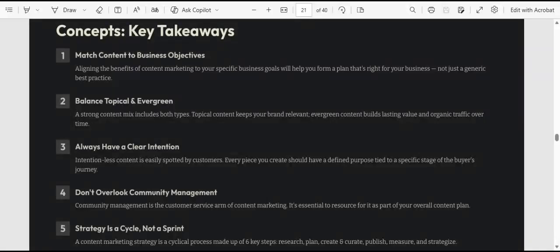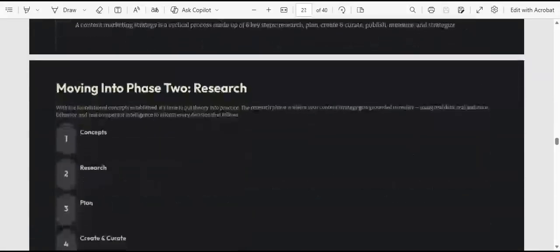Strategy is a cycle, not a sprint. A content marketing strategy is a cyclical process made up of 6 key steps. You have to research, plan, create and curate, publish, that is, distribute your content, and measure and re-strategize.